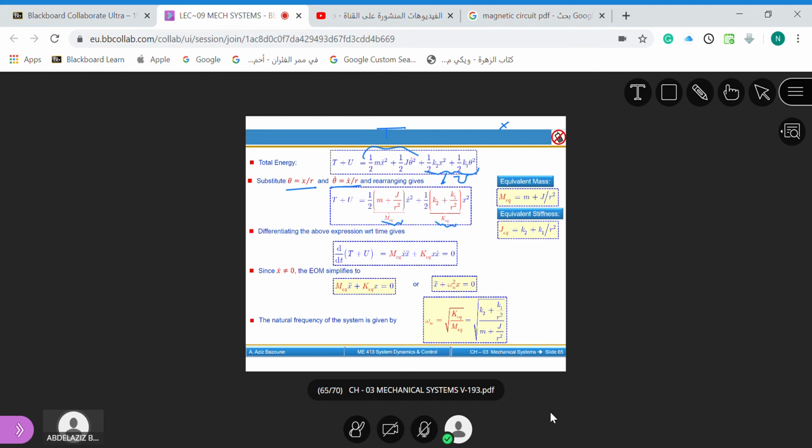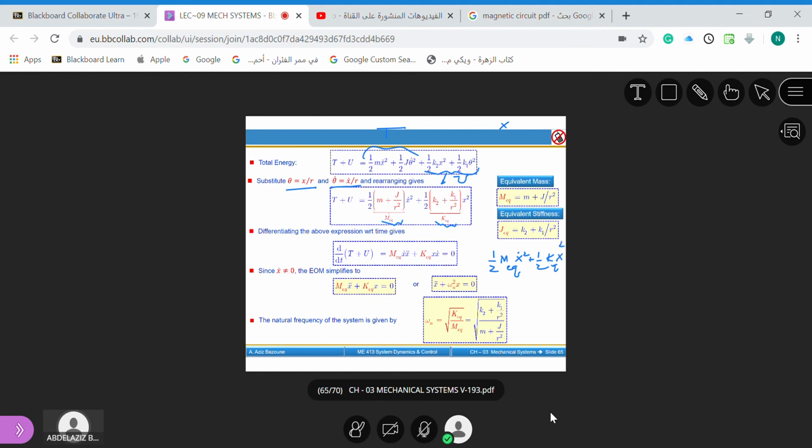So I can write my equation simply as half mass equivalent x dot squared plus half K equivalent x squared.